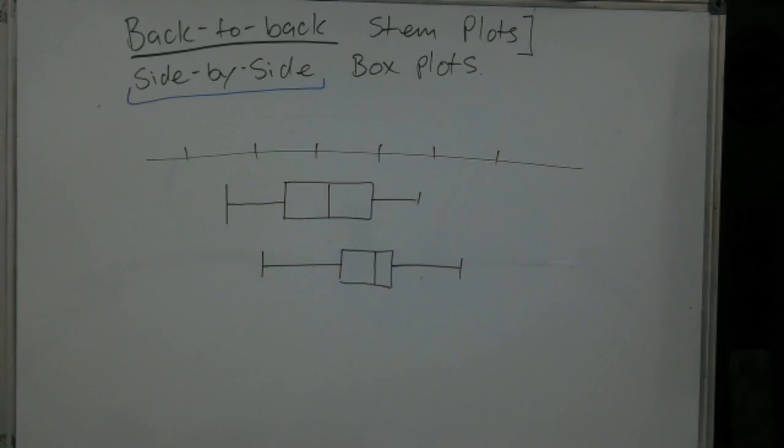Okay, so we have one final example in which we have to do a back-to-back stem plot, find the 5-figure summaries for both sets of data, and do the box plots. Come up with a summary of the findings and then give an opinion.